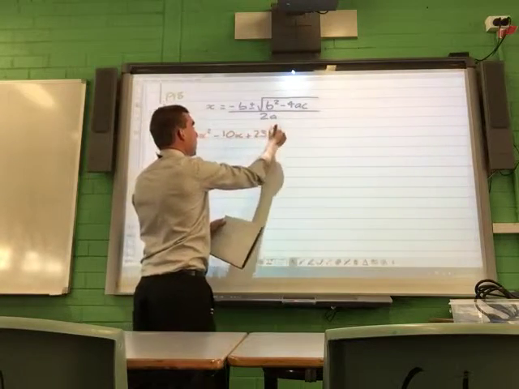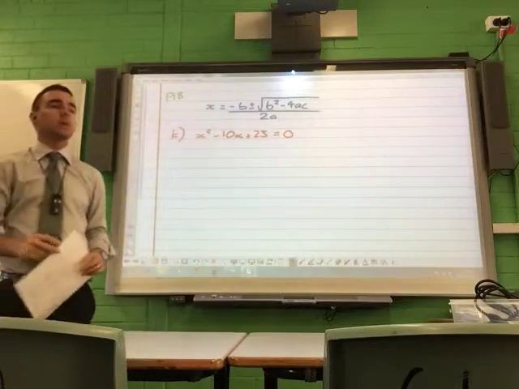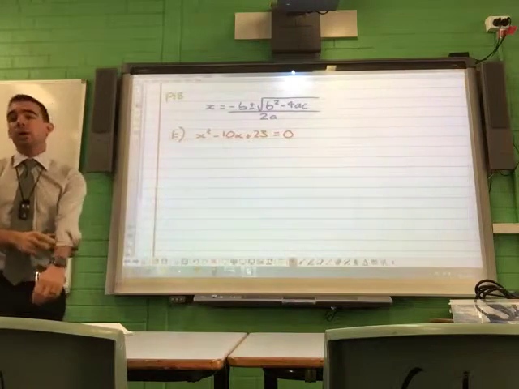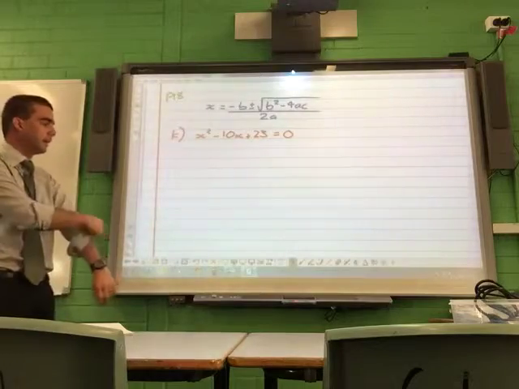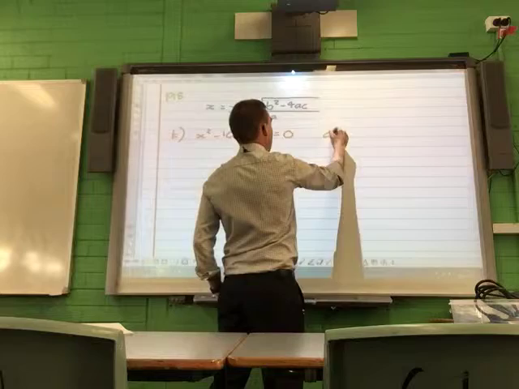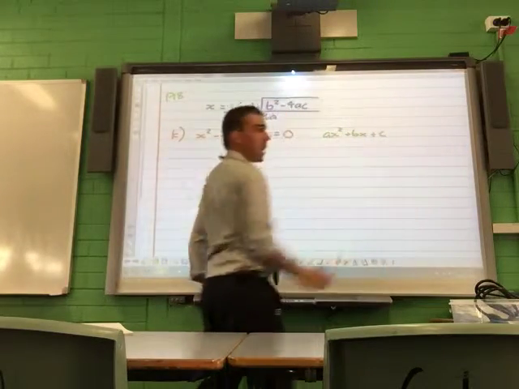Typically there won't be a way we can factorise it. You can do it by completing the square, as we learned last lesson, but if you're not told to complete the square, don't go through all that work, actually use this formula.